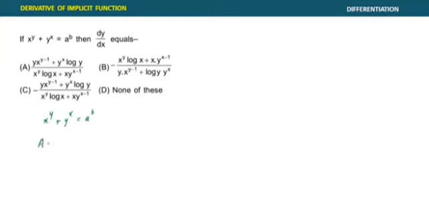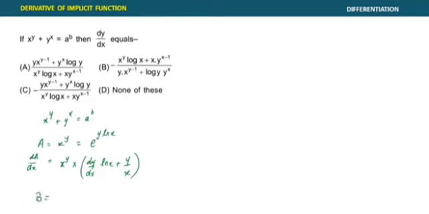So if I take capital A to be x raised to power y, your target is to find dA by dx over here, and you can easily see now that I can write this as e raised to power y ln x, and then again start the process as we did in the earlier part of this video. So it will be nothing but x raised to power y into derivative of y ln x, which we can say is dy by dx ln x plus y by x, right? This will be the answer for this.